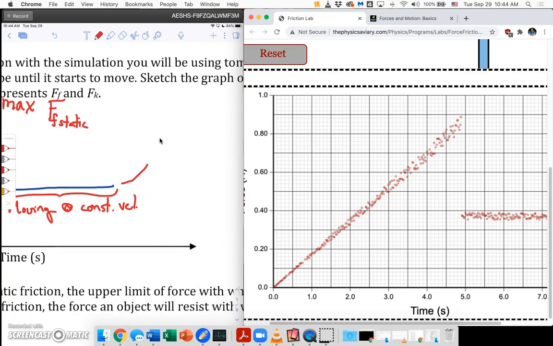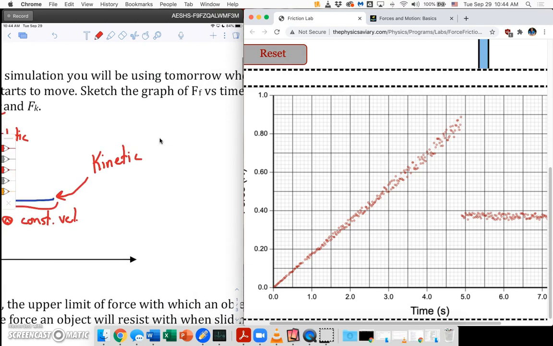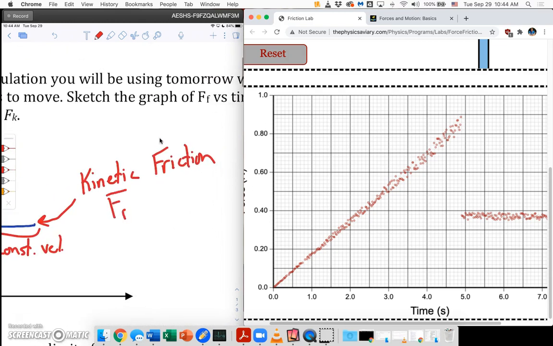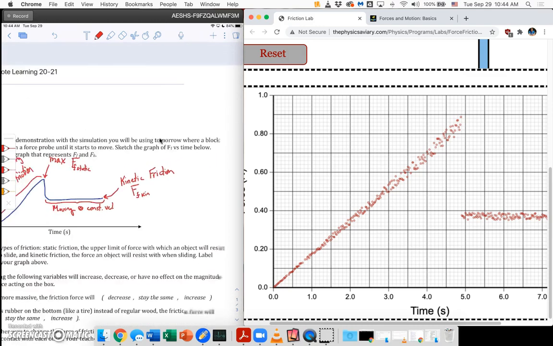So that would mean that this right here is the kinetic friction. Maybe we call that F, force of friction, kinetic, or F k or something like that.